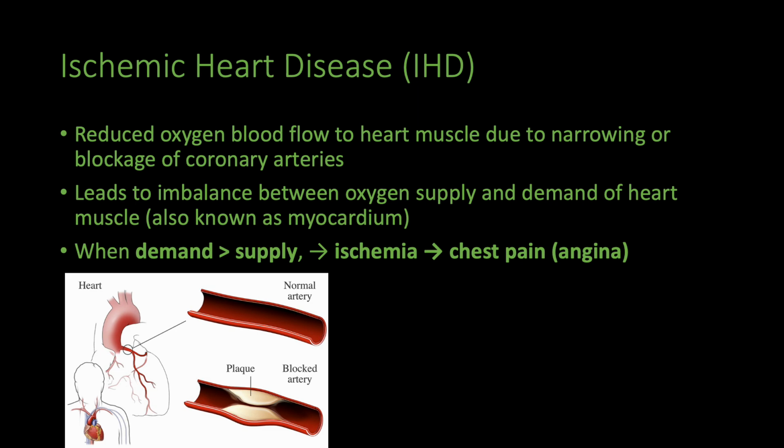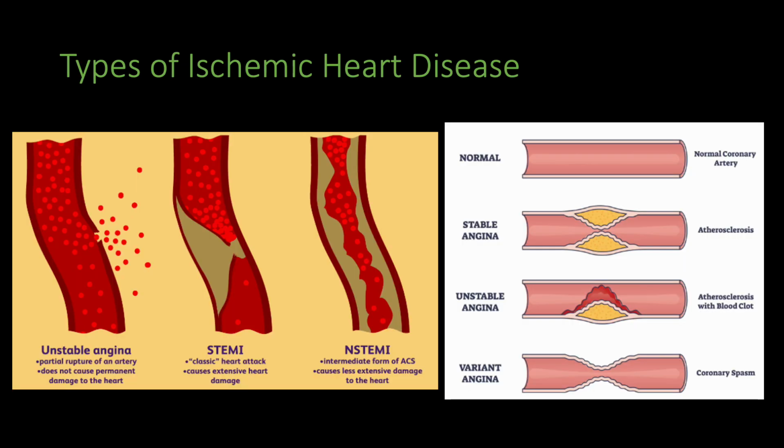That's when the oxygen demand of the heart is greater than the supply, which leads to ischemia and then chest pain. So this is where there's an imbalance between the demand and the supply of oxygen, and that's what ischemic heart disease is.